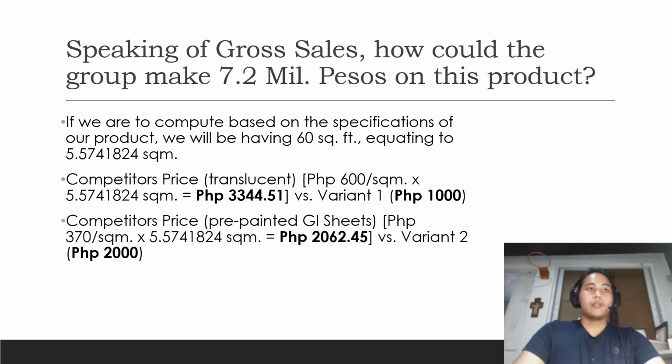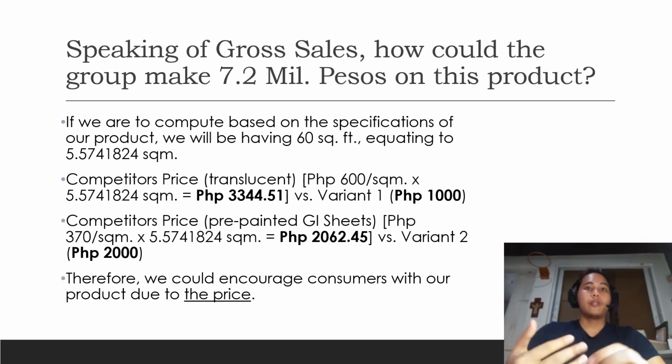For the second competitor price, which is the prepainted GI sheets at 370 pesos per square meter, multiplying that by 5.57 square meters would equal 2,062.45 pesos. In comparison, the second variant of our product is 2,000 pesos.